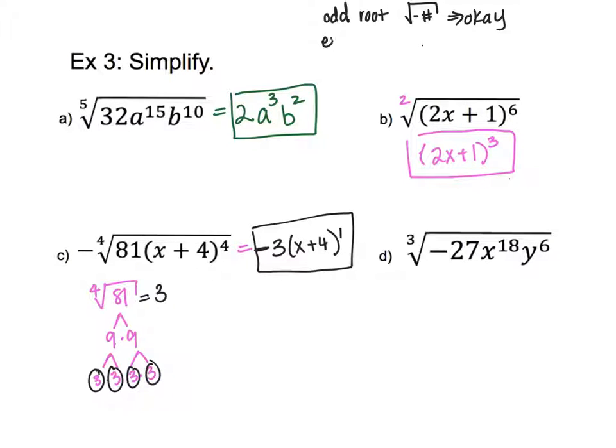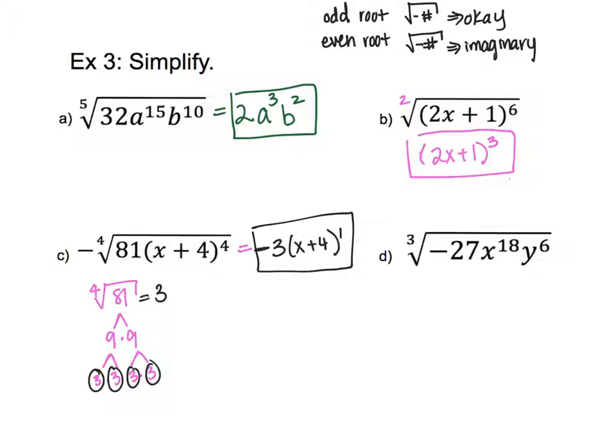But anytime you have an even root, like a square root, you cannot take the square root or an even root of a negative number because that gives you an imaginary number. So those are some notes that might be helpful when looking back.